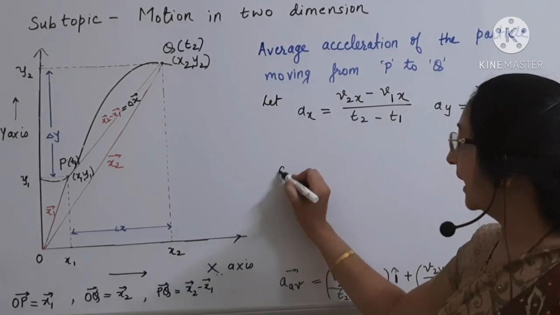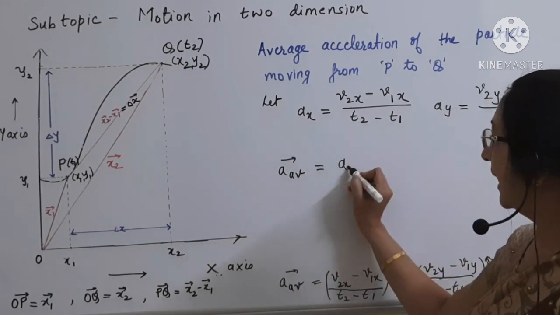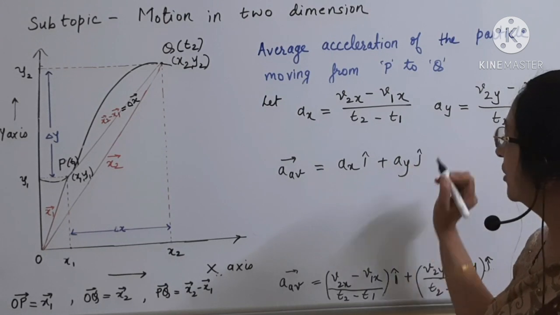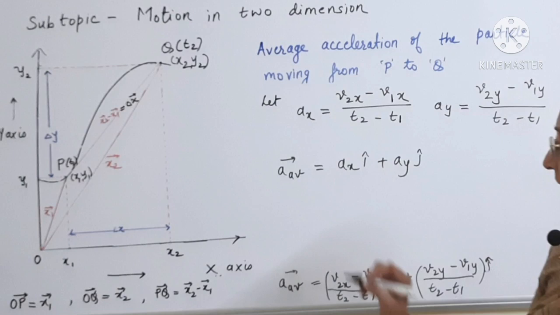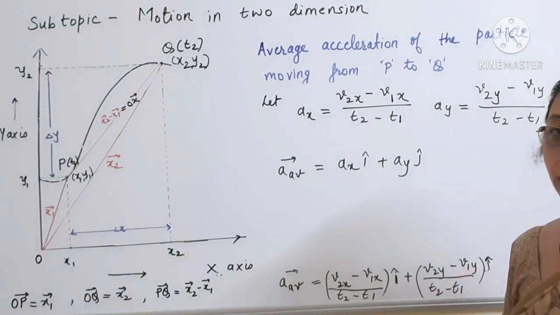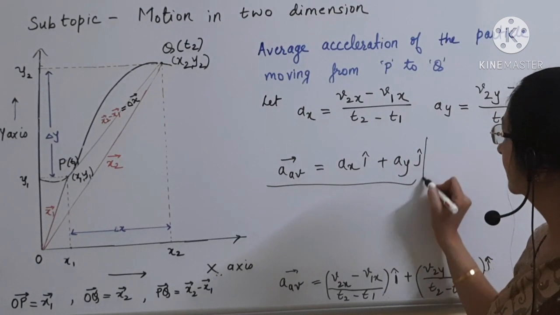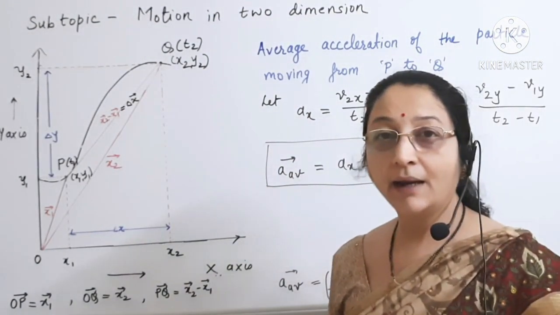Now I write again, the average acceleration is equal to ax i plus ay j. So this is the average acceleration of the particle which is moving in 2 dimension. आता याचा मॅग्निट्यूड, आता हा पण एक वेक्टर आला, मग याचा मॅग्निट्यूड कसा फाइंड करणार आहे आपण?